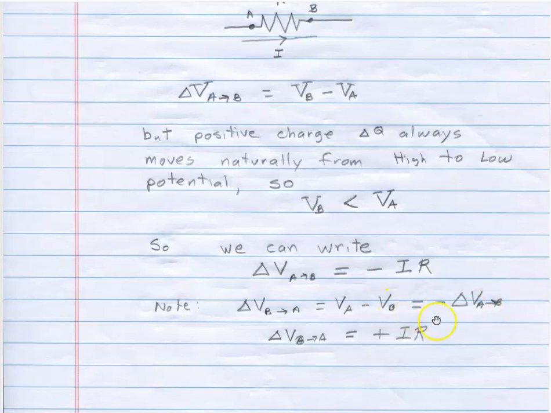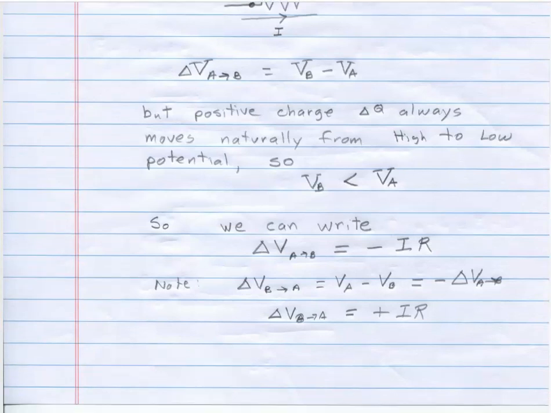And pretty clearly, if I go from low to high, I'm going to increase by this amount. So delta V_BA, B to A, is a positive IR. So it depends on which way you're going across a resistor, whether it's a plus or a minus.